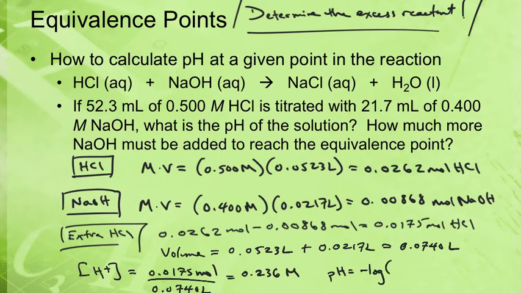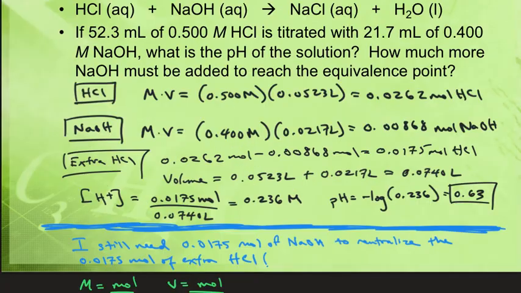So negative log of 0.236 is going to give us, let's see here, we'll call it 0.63. So still very acidic, even after adding 21.7 milliliters of base.